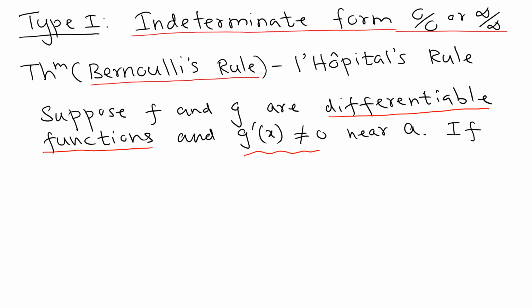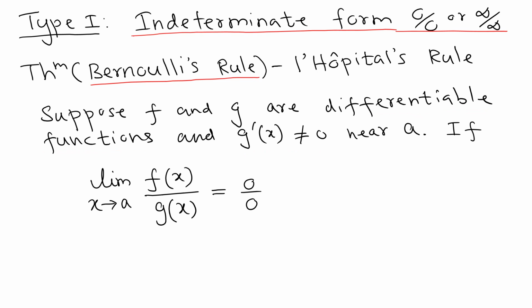Now if the limit when x goes to a of f(x) over g(x) is 0 over 0, that's the first case, I mean the ratio becomes 0 over 0, or infinity over infinity, that's the second one. It can be one of those infinities. If this is the case, then we have this interesting result.